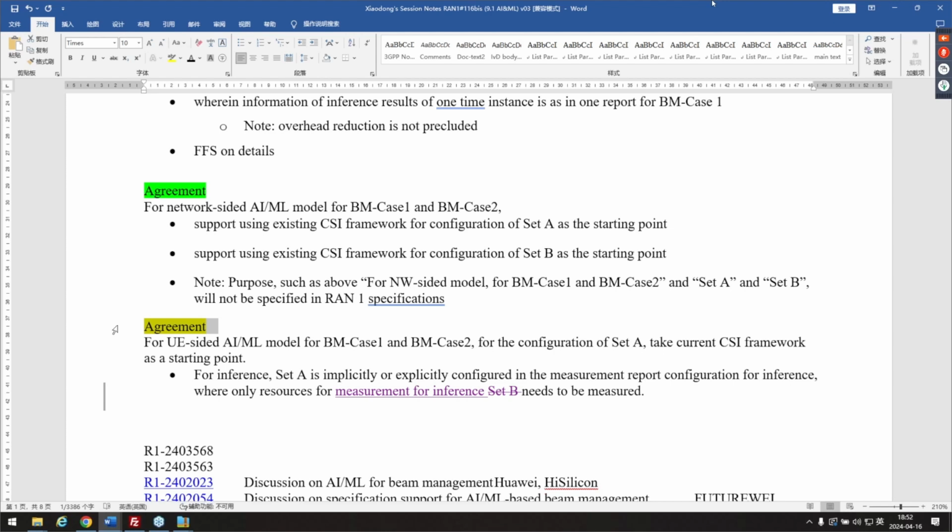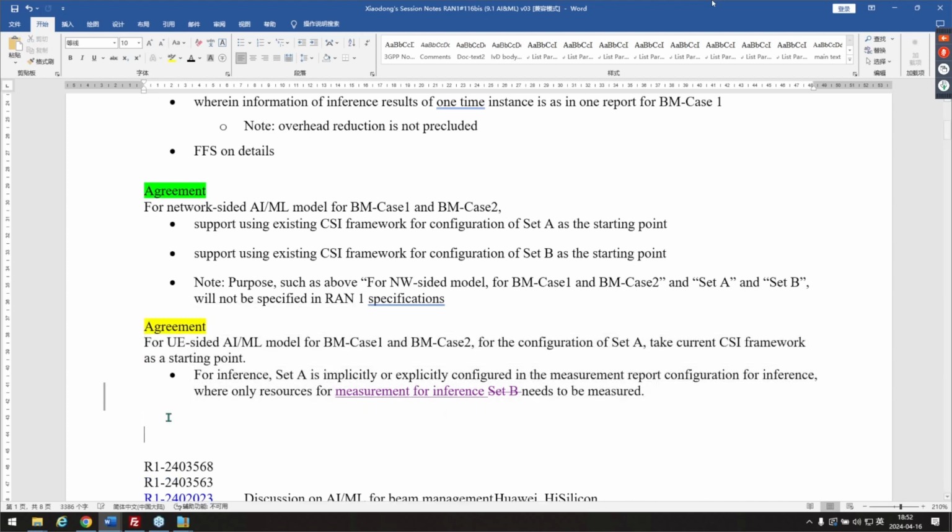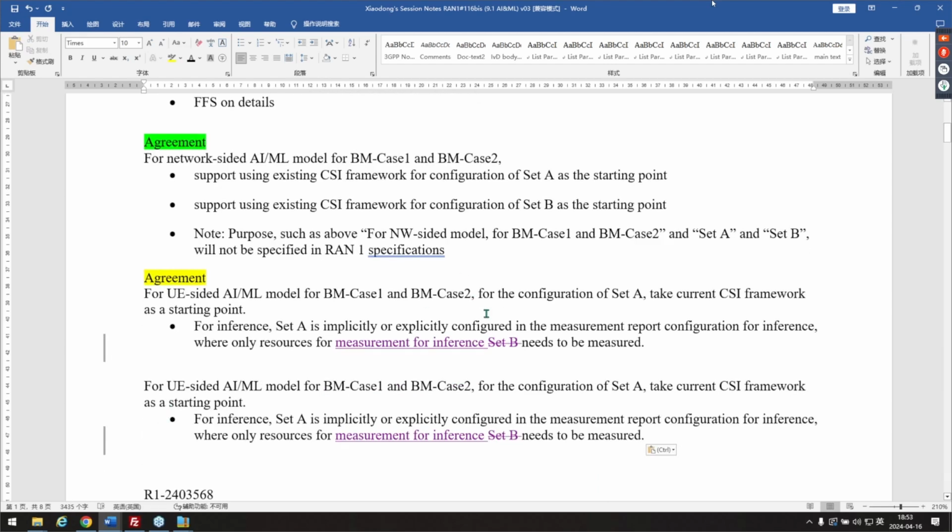The second comment, about set A implicitly or explicitly, my suggestion to resolve Keith's concern is to add an FFS before set A for the sub-bullets. And also delete the wording of measurement report, and just say in the report configuration, if that is okay. No need to touch the main bullet.